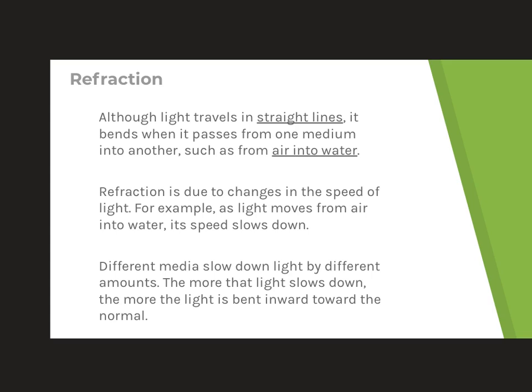This refraction is due to changes in the speed of light. That's a little bit of an oversimplification, but it's the best way to perceive it. Different media slow light down by different amounts, and this is called the refractive index. The higher the refractive index, the more it slows down light.